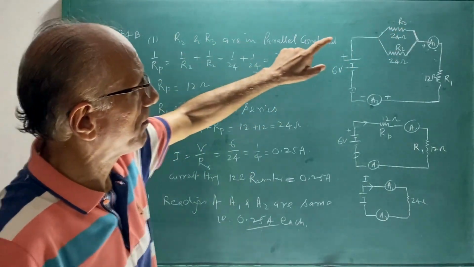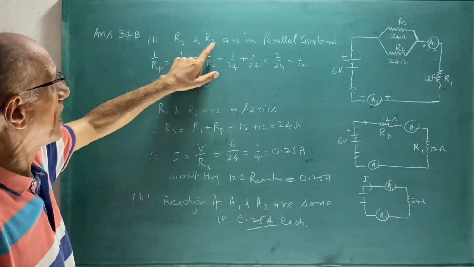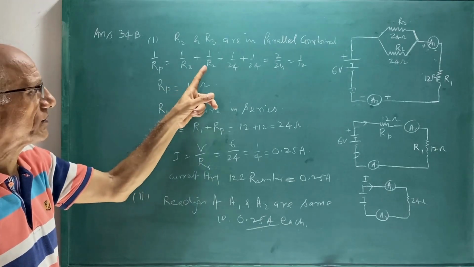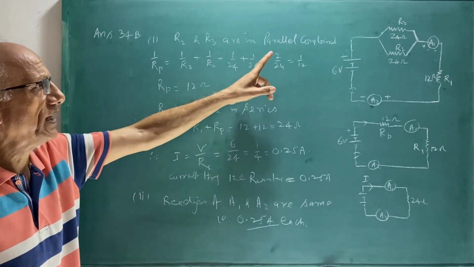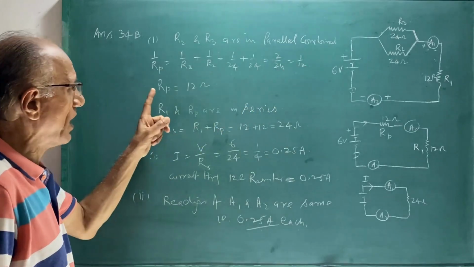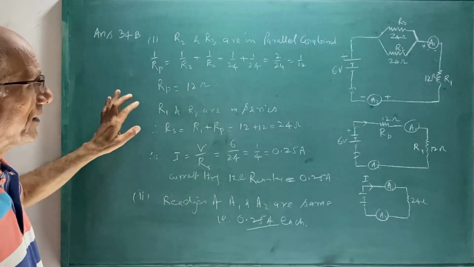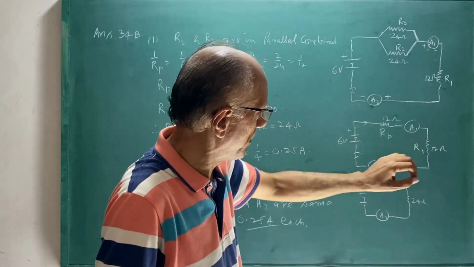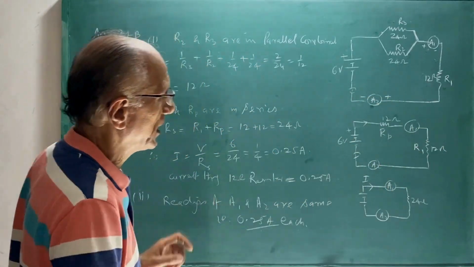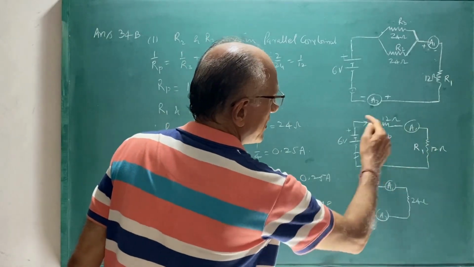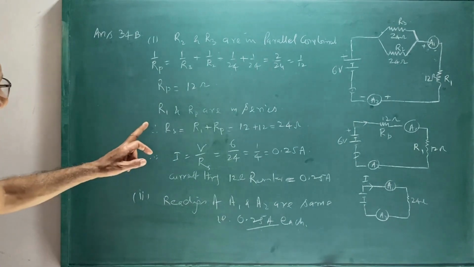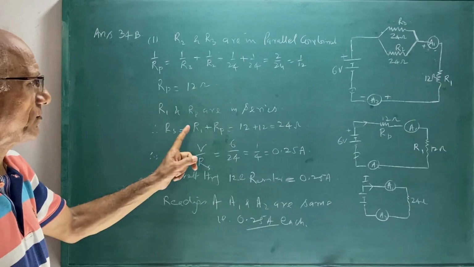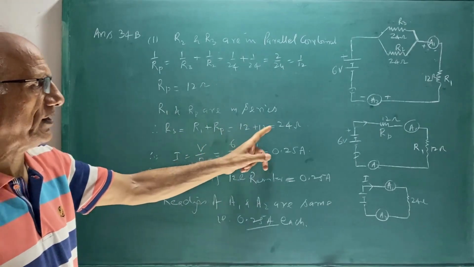Since they are in parallel, R3 and R2 are in parallel. So 1 by Rp equals 1 by R3 plus 1 by R2, that is 1 by 24 plus 1 by 24, that is 2 by 24, that is 1 by 12. So Rp is equal to 12 ohm. Now the equivalent circuit becomes 12, then A1, then 12, and then A2, and then the 6 volt battery. So they are in series combination. R1 and Rp are in series, therefore R series equals R1 plus Rp, that is 12 plus 12, that is 24.